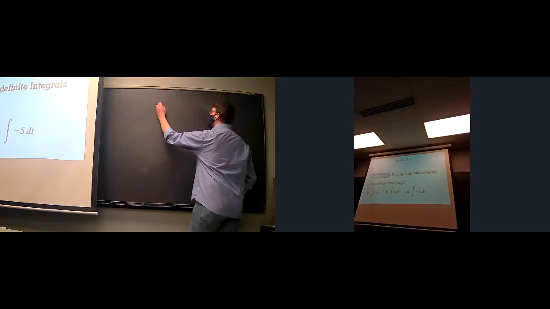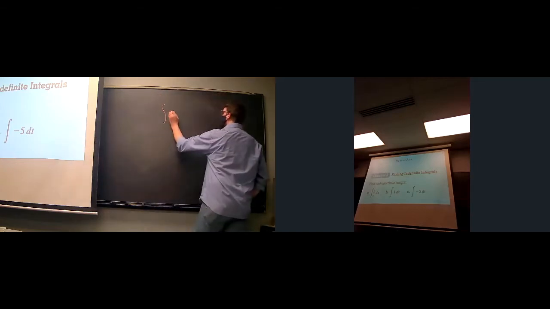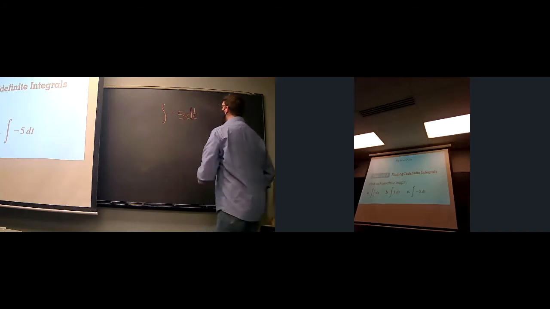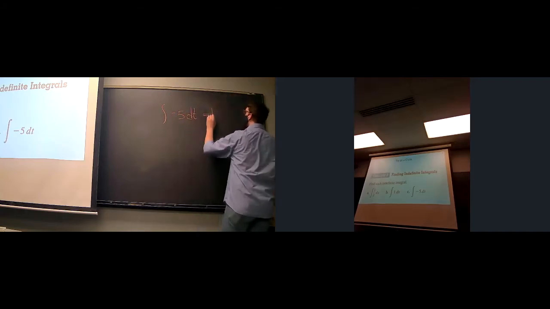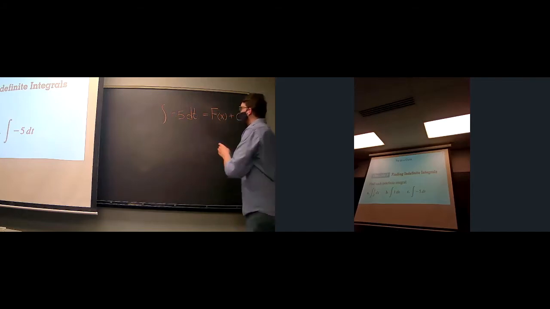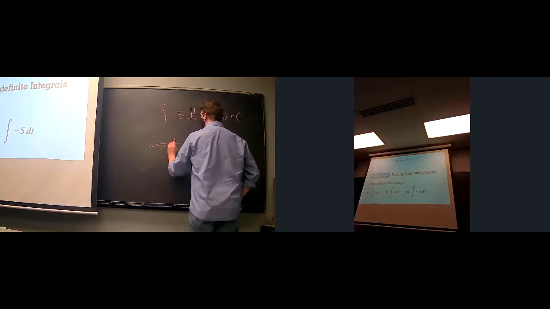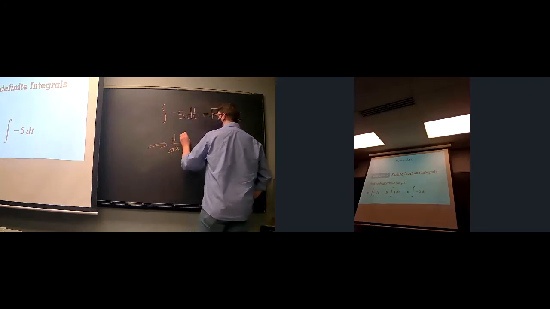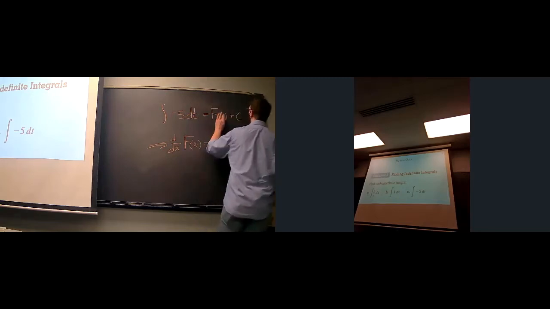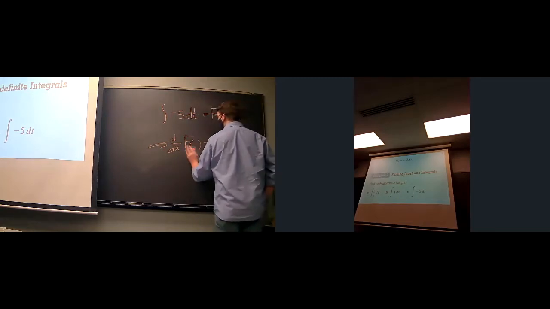But this problem, looking at the last one here, we know this thing is going to be equal to f of x plus some constant. And what that means is that the derivative of f of x is going to be equal to, sorry, I meant to write these as t's.